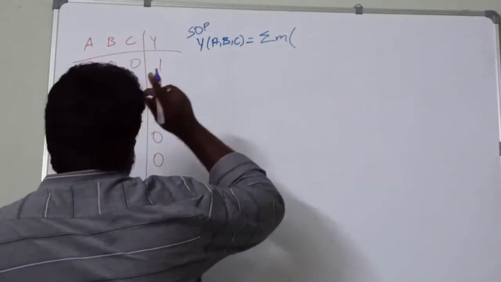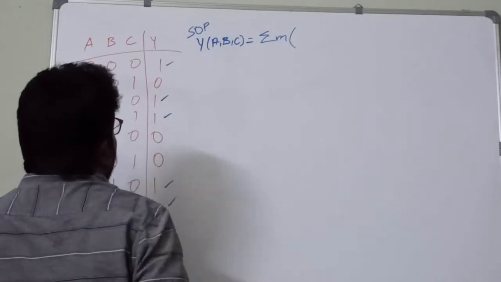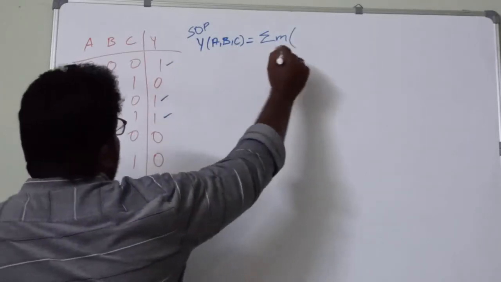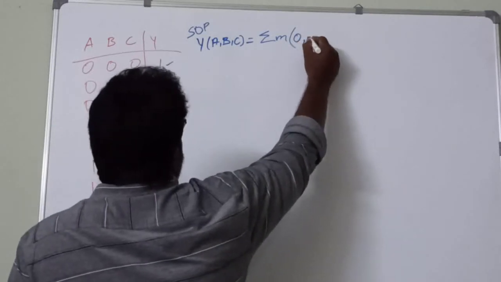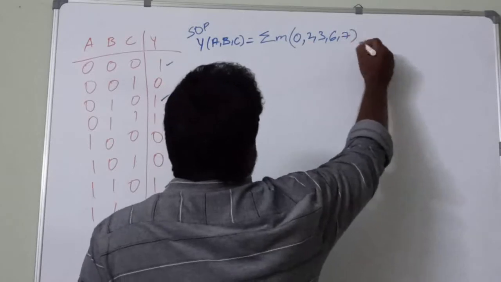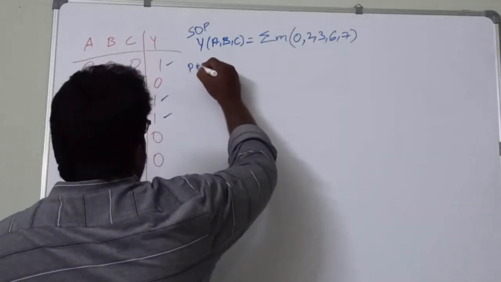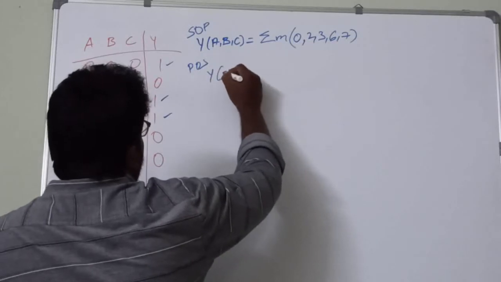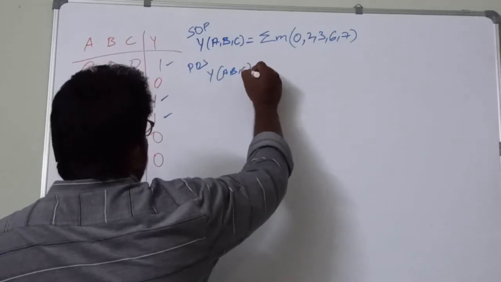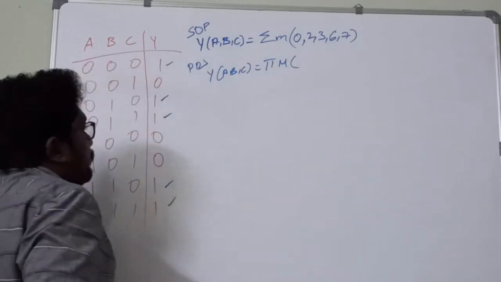So for SOP form we will be having this one, this one, this one, and this one, right? We will be having 0, 2, 3, 6, 7, and in POS form this will be represented as y of A, B, C is equal to pi of capital M into.